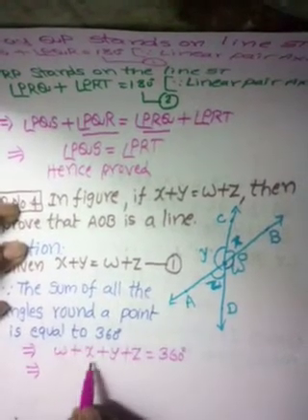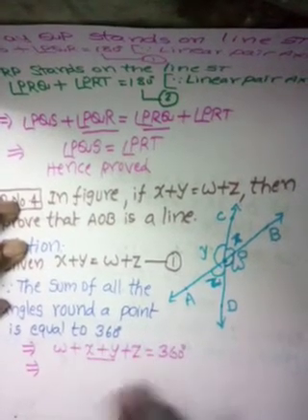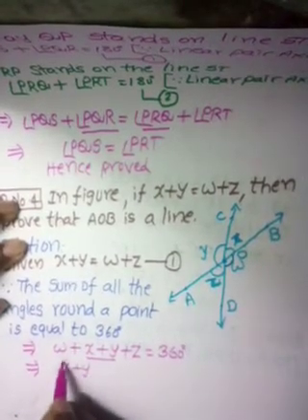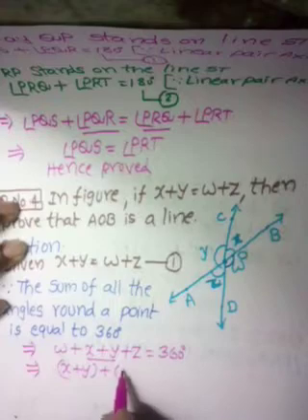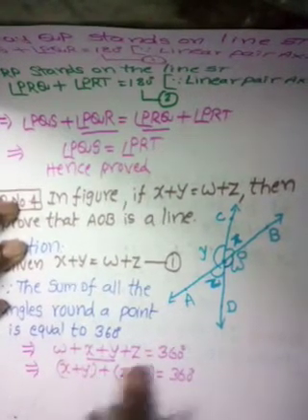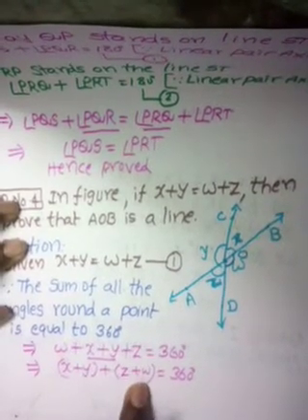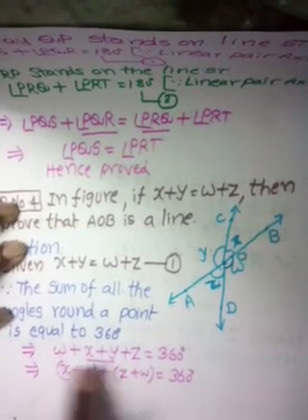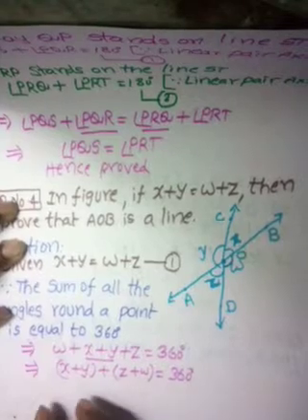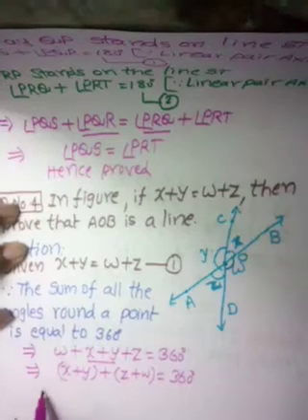So instead of w plus z, we can write x plus y. I just rearranged the terms and grouped them like this. I wrote the same four terms here also, but I paired two angles in one bracket and two angles in the other bracket.